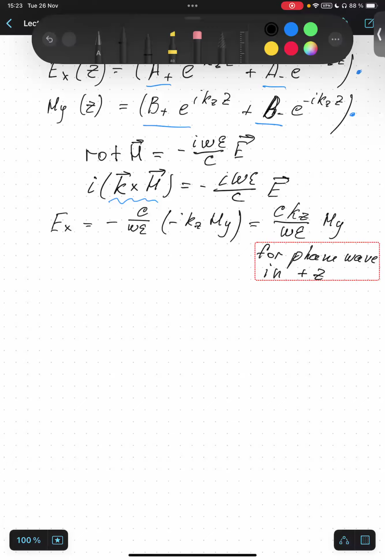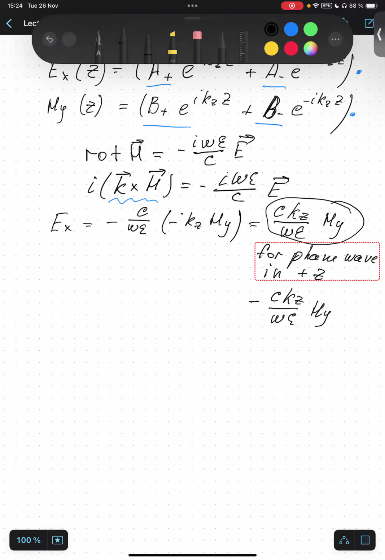So for it, this part will be equal to minus c kz over omega epsilon and Hy. Perfect.